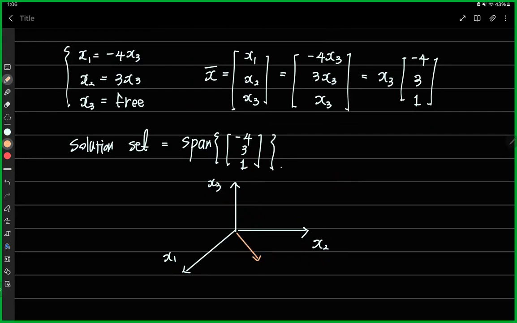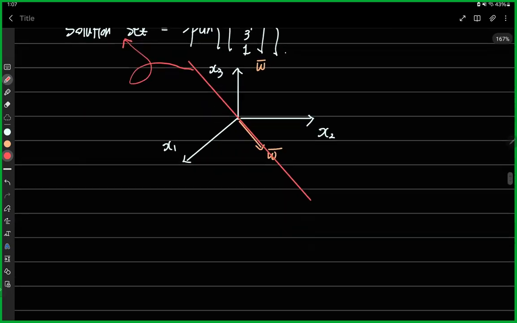Okay, this is a vector. Let's say this vector W. So W is this, and the line contained in that direction W is going to be the solution set. So that's the parametric vector form of the solution.